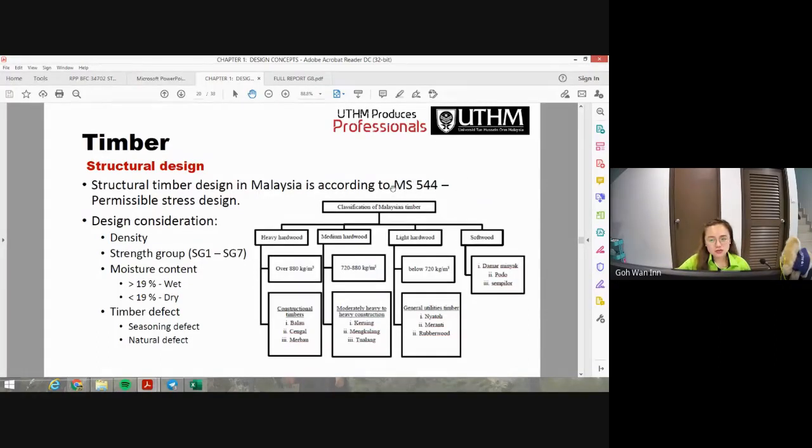So we will use this MS 544 during chapter 5. You will learn about reinforced concrete first until chapter 5, then we come back to timber. So you can see the design considerations. We have the strength group SG1 to 7, moisture content greater than 19 or less than 19, and the timber defects, where we have seasoning defects or natural defects.